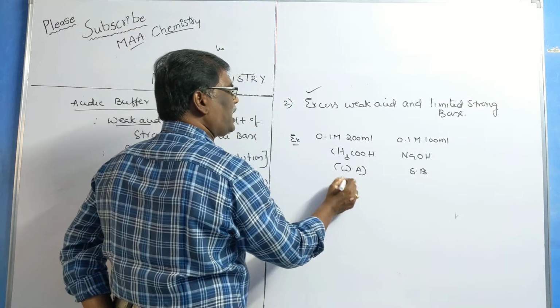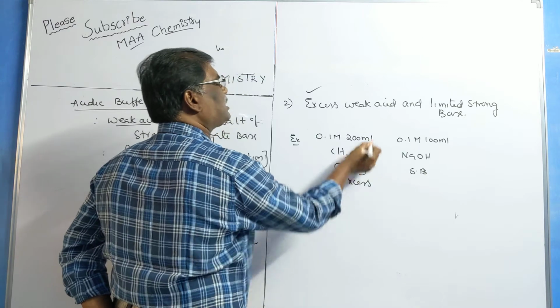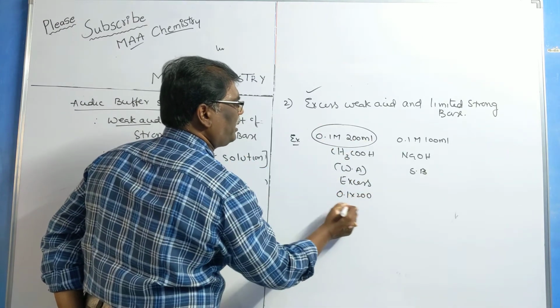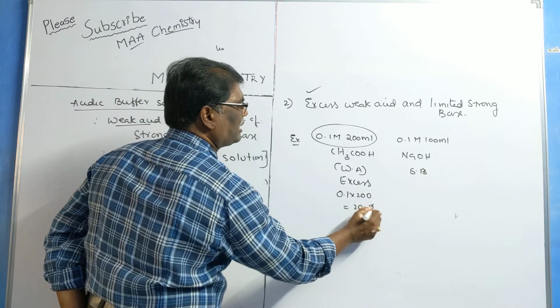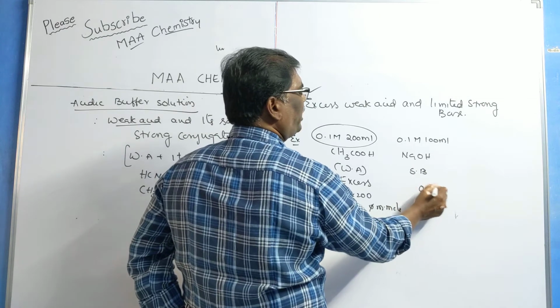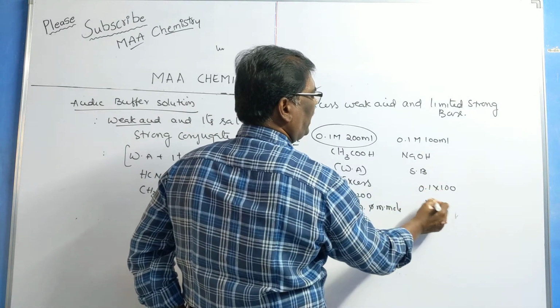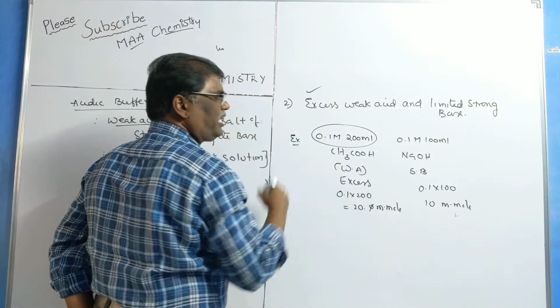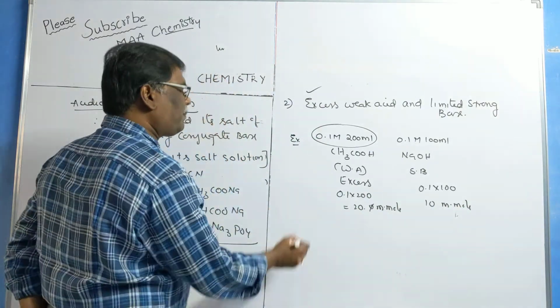Whereas the weak acid is in excess, because how many millimoles are there? 0.1 into 200 means 20 millimoles. In this case, 0.1 into 100 means 10 millimoles. So which is in excess? The weak acid is in excess.